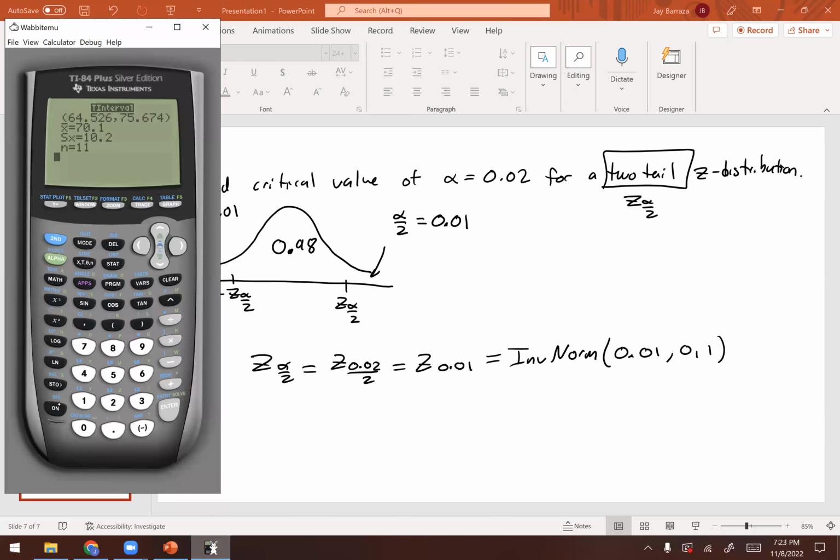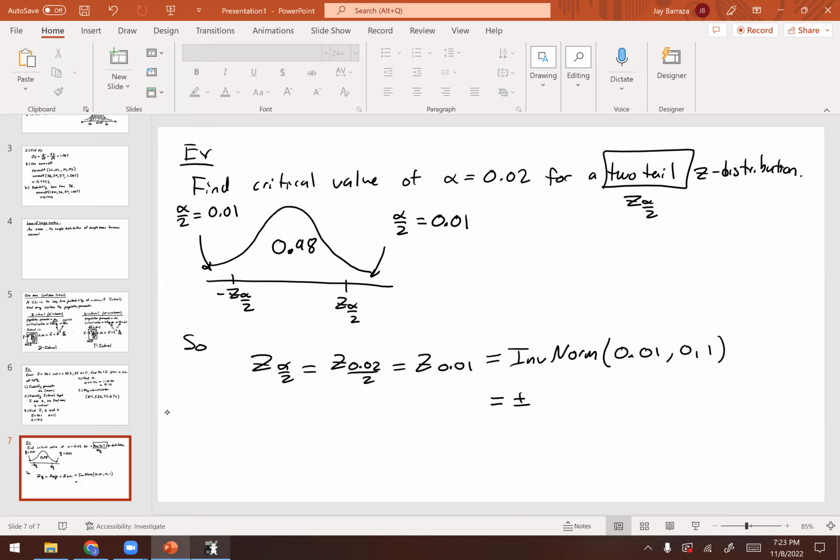So you go to your calculator, you do second distribution, inverse norm, and you put in your alpha over 2, 0.01, and then you paste, and it's negative 2.326. So plus or minus 2.326, right?